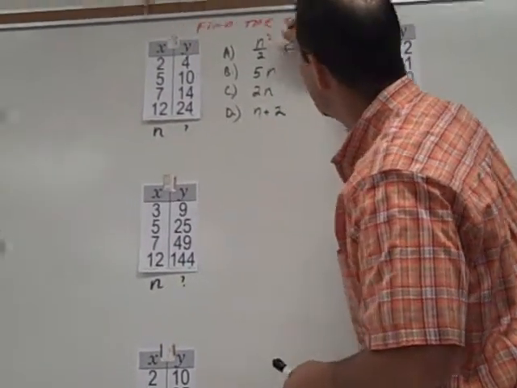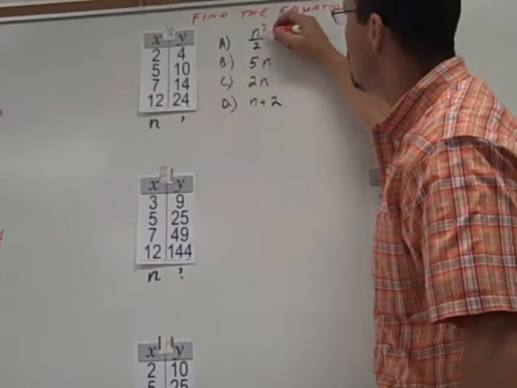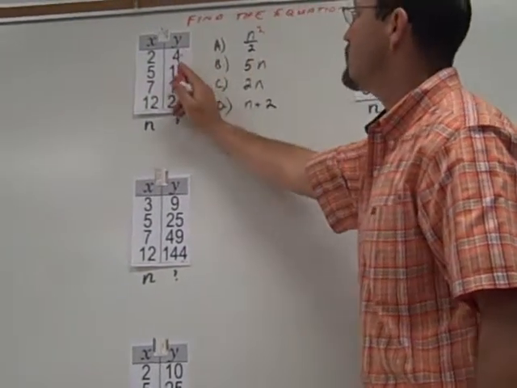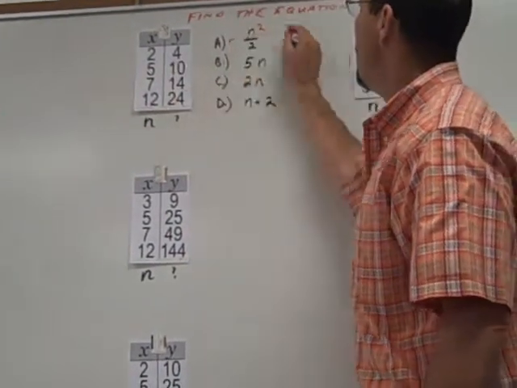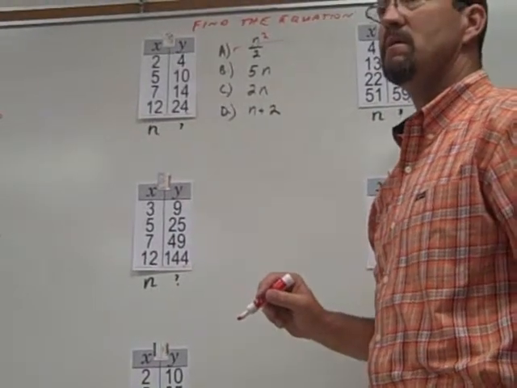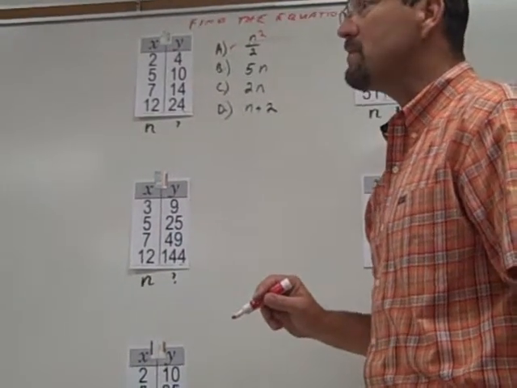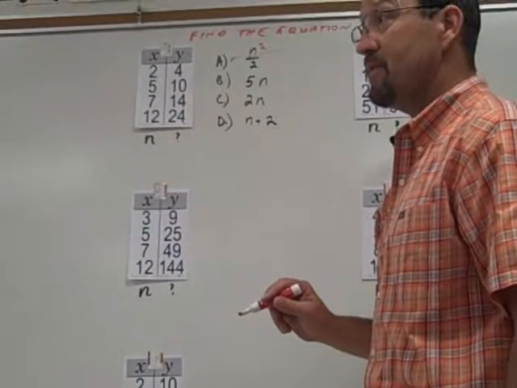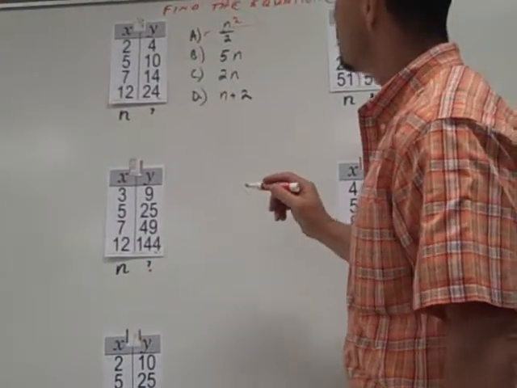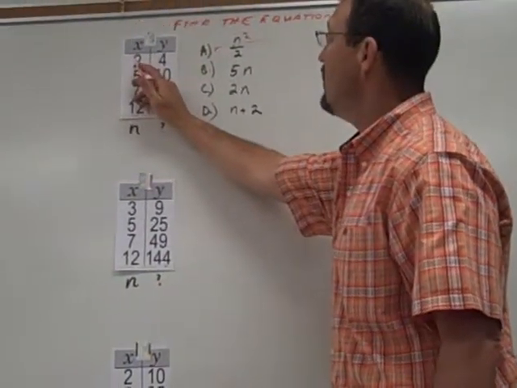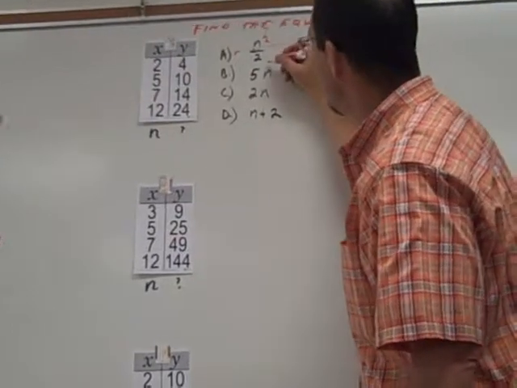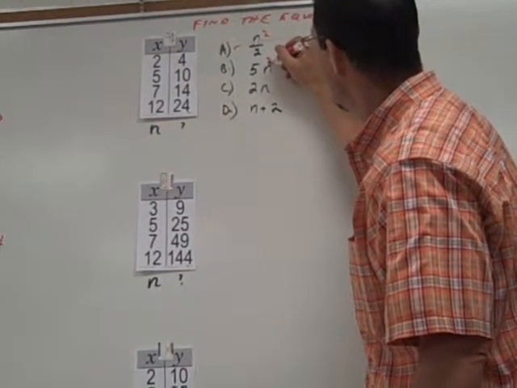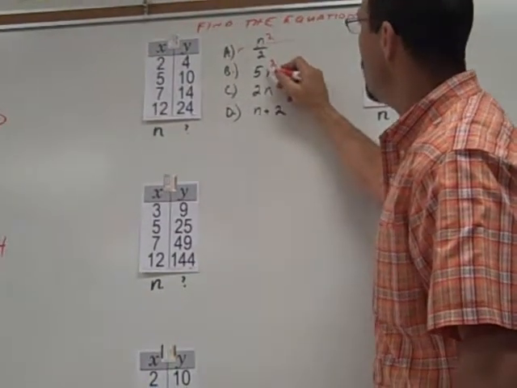What is 2 divided by 2? 1. But we're supposed to get 4. Agree? Doesn't work. Take the first number, first column, plug it in for the end. What's 5 times 2?